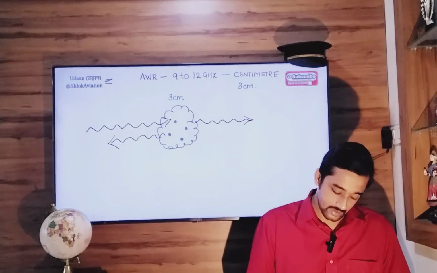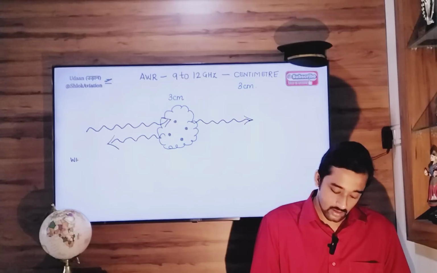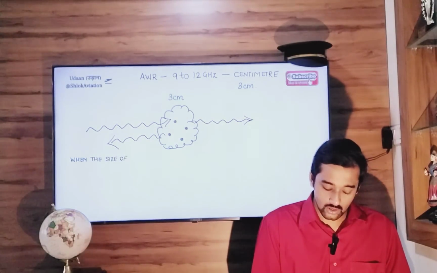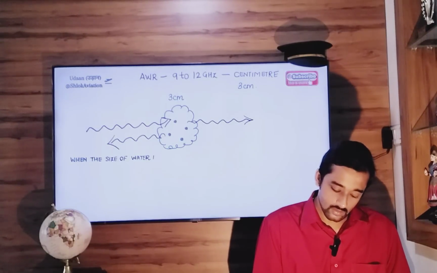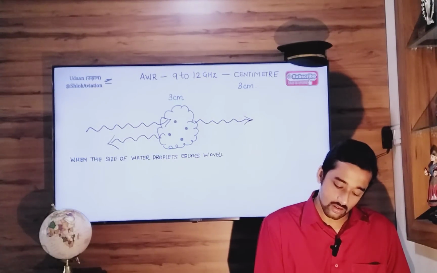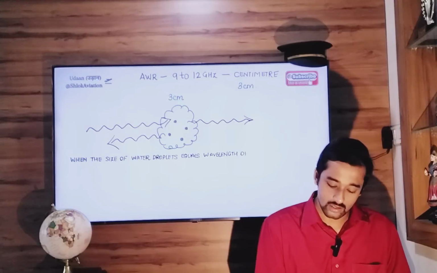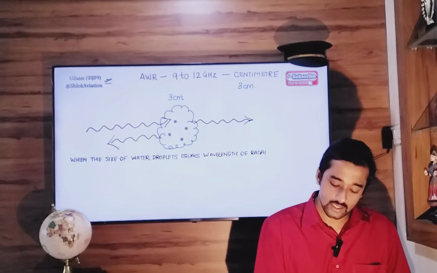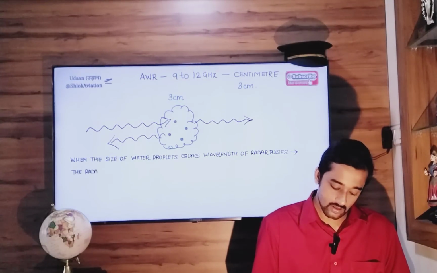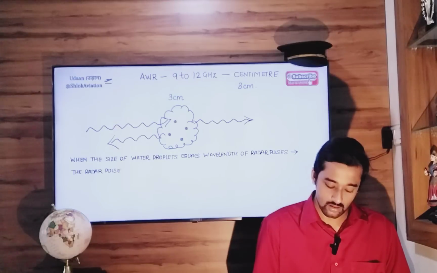So that's why we use 9 to 12 gigahertz. I'm going to write here: when the size of water droplets equals the wavelength of the radar pulses, the radar pulses will get reflected.